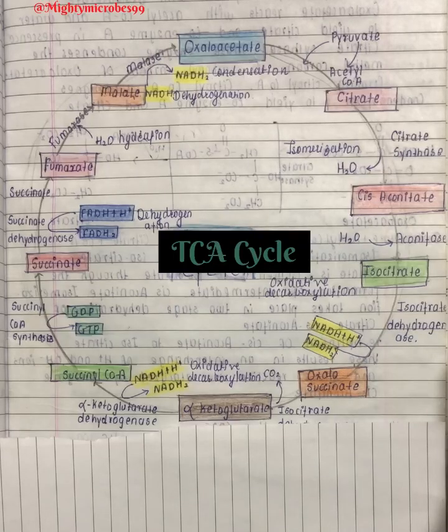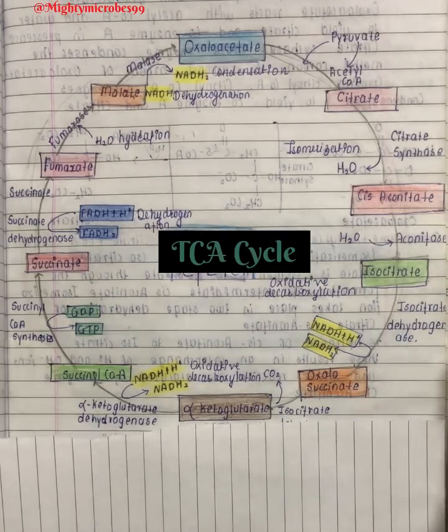The enzymes involved in the citric acid cycle are associated with mitochondria in eukaryotes, that is fungi, algae, protozoa, plants, animals, and the cytoplasmic membrane in prokaryotes, that is bacteria.